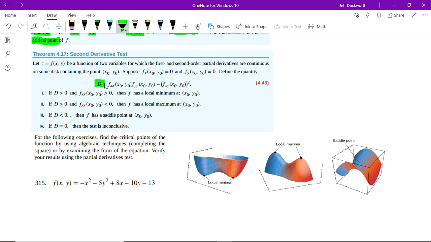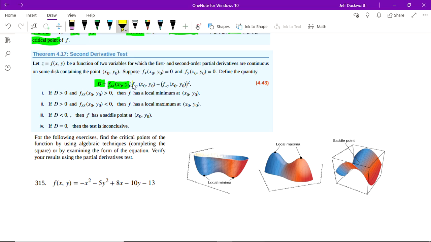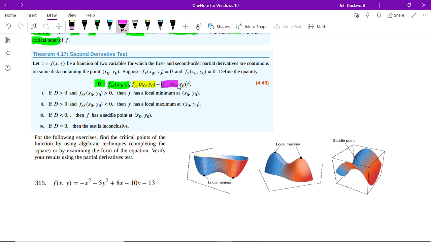We're calculating this D, using the second derivative with respect to x at the point, multiplying it by the second derivative with respect to y at the same point, and then subtracting the square of f_xy at that point.